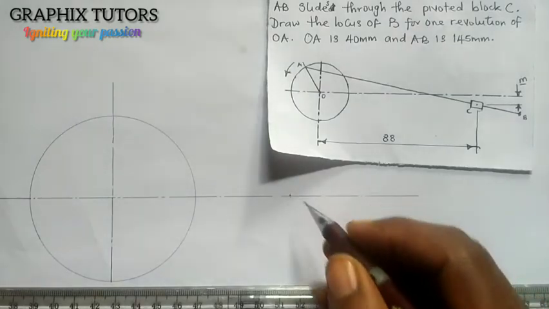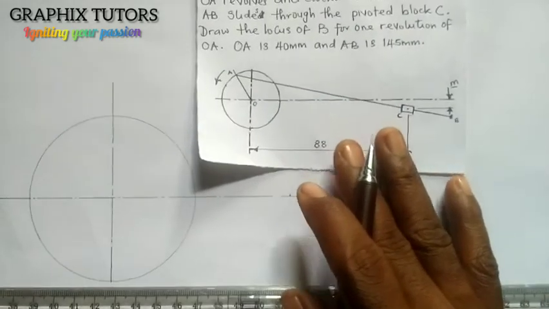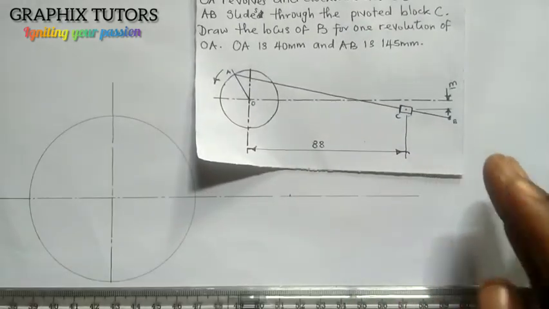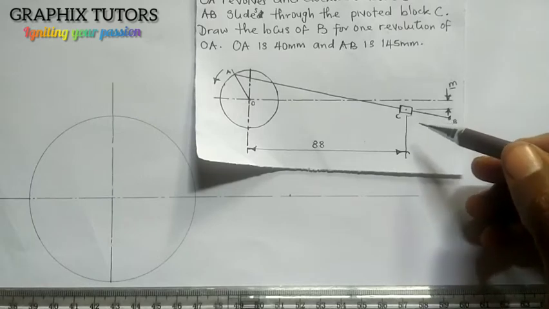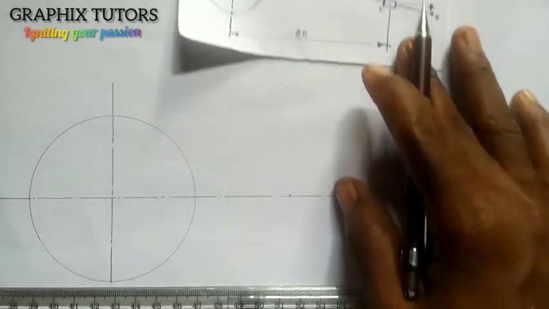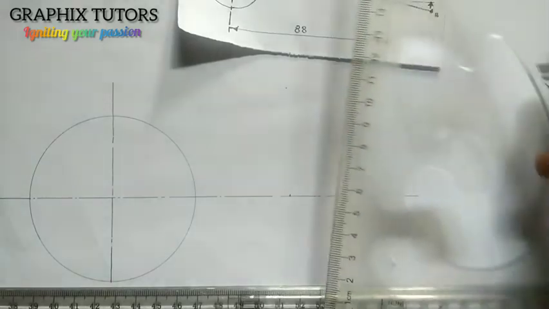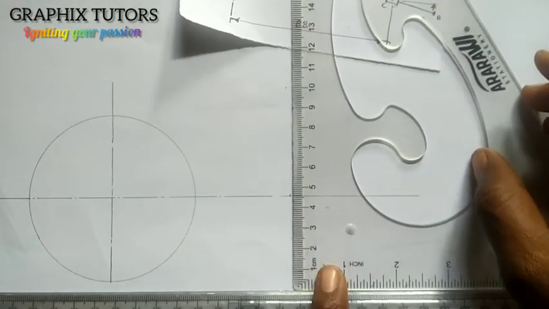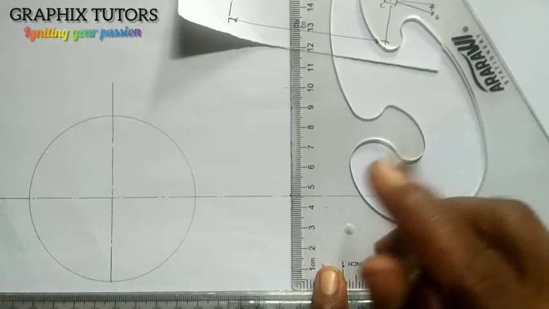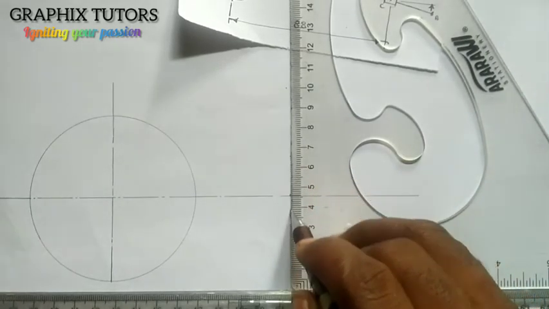At this point here, look at this very well. On that 88, I'll measure 13 downwards. I'll take my set square, put it on my T-square this way, and on this point I'll draw a line down.